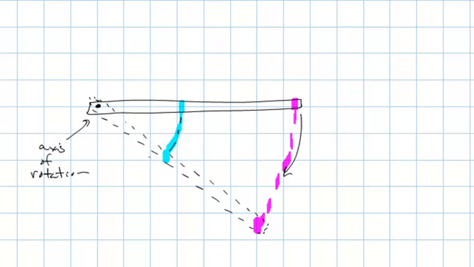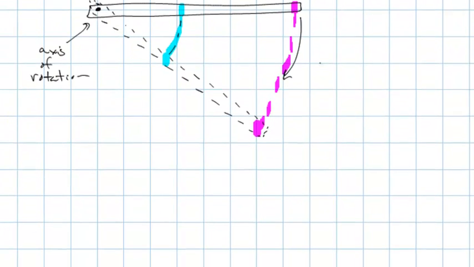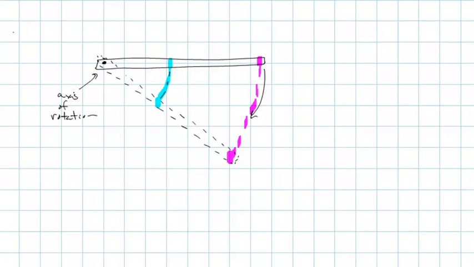How do we describe speed for an object like this? And there are 2 answers, because there's 2 ways that we describe speed. The first response could be that both of these objects are completing the same angular motion in the same amount of time. In other words, both of these objects went through theta in the same amount of time.